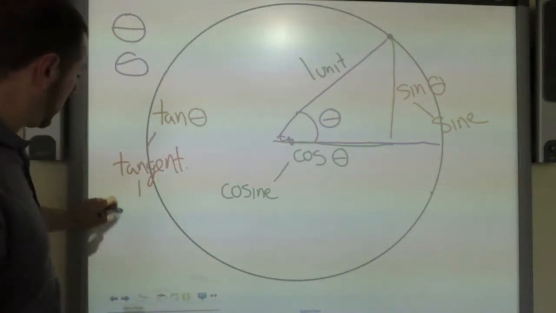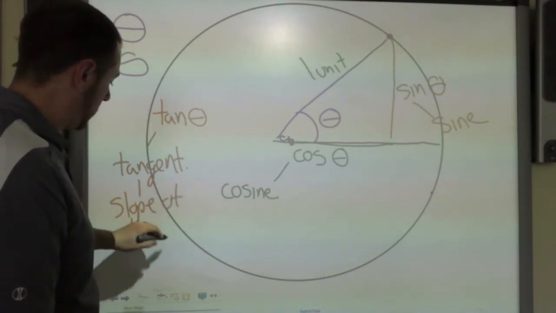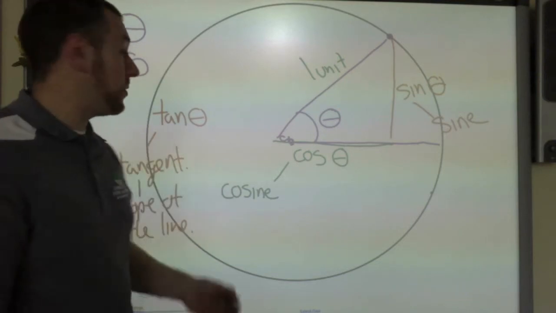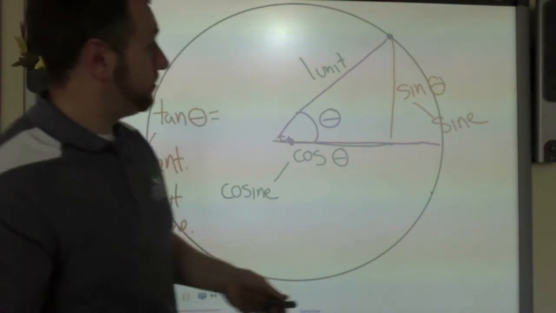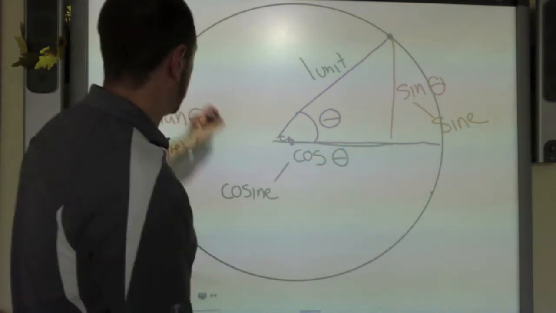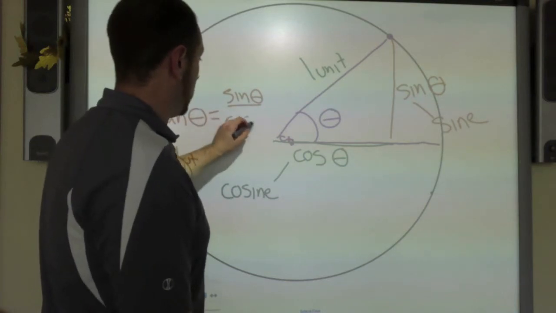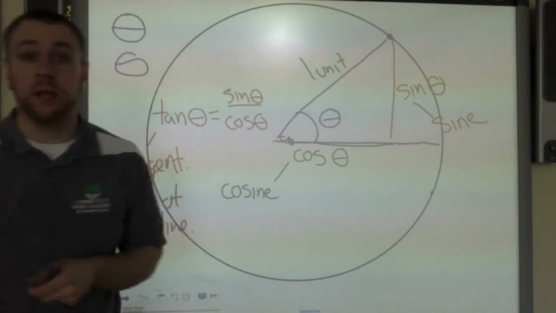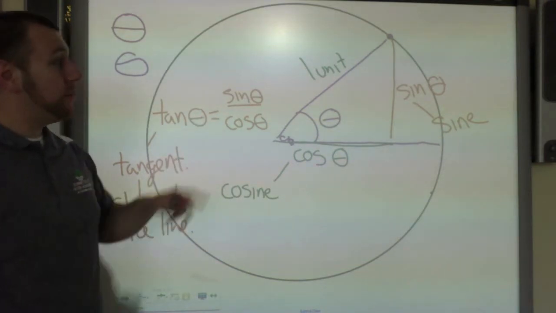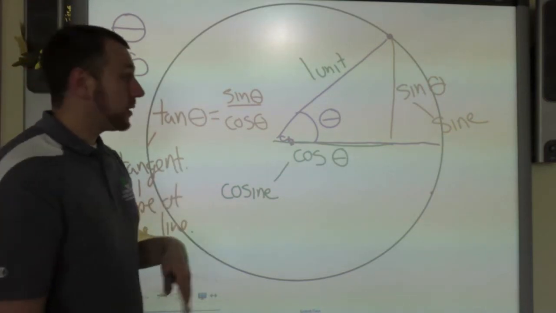So we want to think of it as the slope of the line. And that slope is found by rise over run. So it's the sine over the cosine. Now there's an easier ratio later that I'm going to talk about, but this is where trig functions were developed.